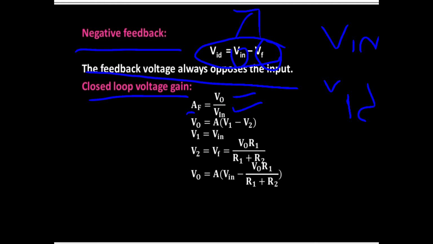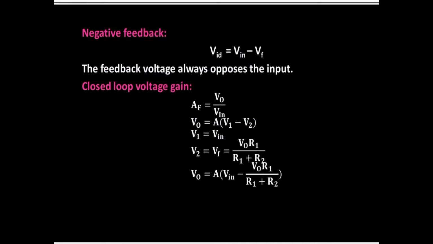Now, this is the output of the open loop op amp, or open loop amplifier, that is V0 equals the amplifying gain A into the input, which is V1 minus V2. So V0 equals A into V1 minus V2, where V1 equals VIN.